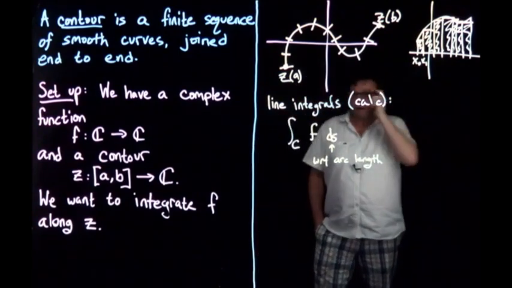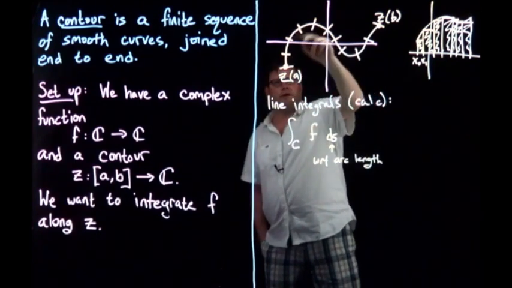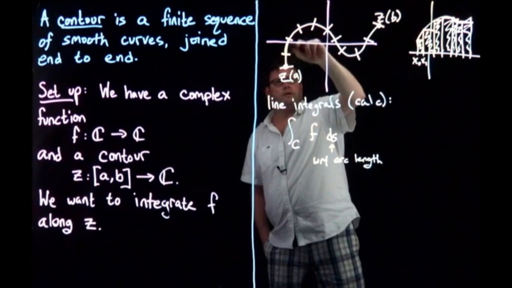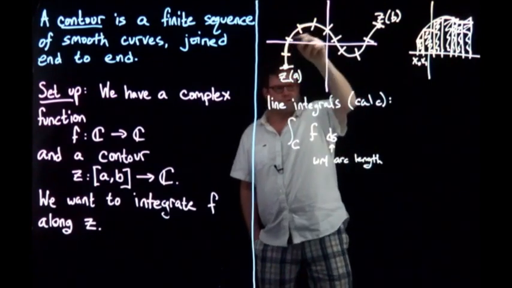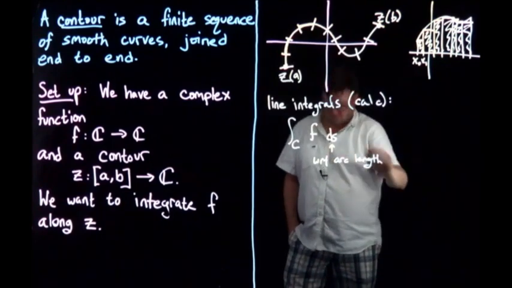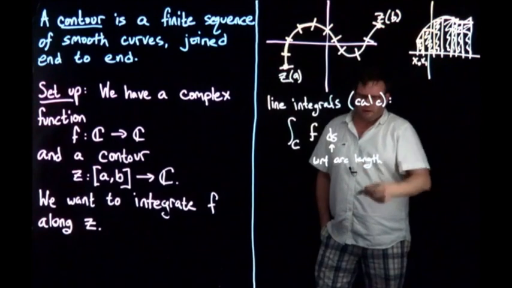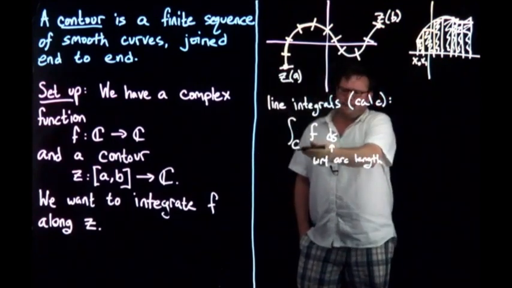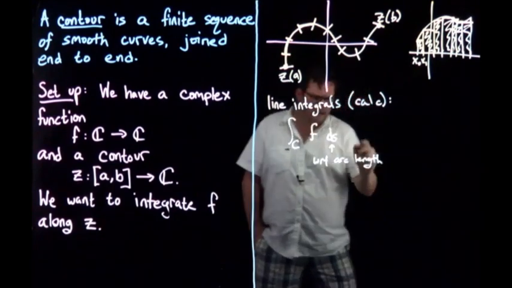And what that works out to be in the Riemann sum is that you're going to take your function at some point in each of these little pieces of the curve, take the function value and multiply that by the length of that piece of the curve. You sum all those up, take a limit, and it's going to go to this line integral.